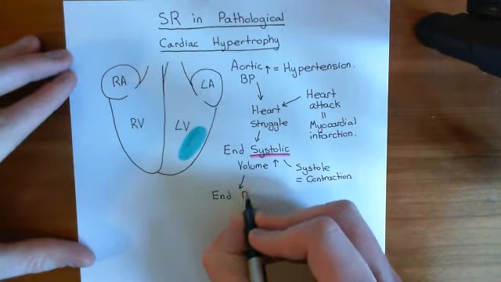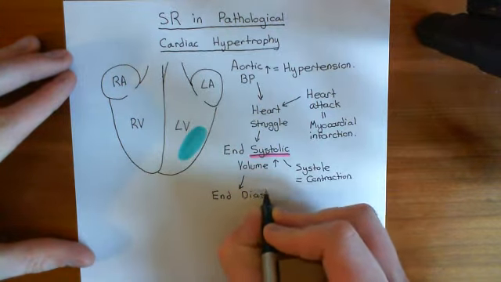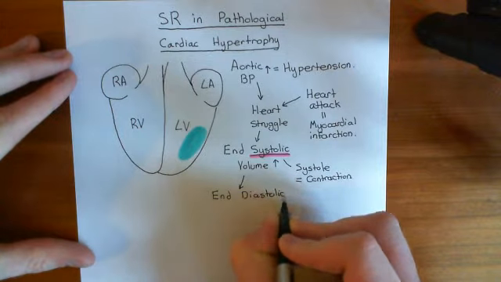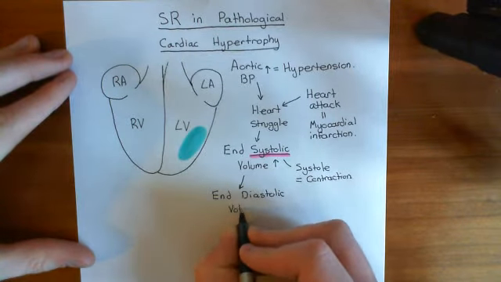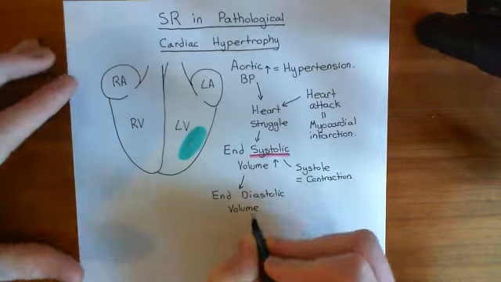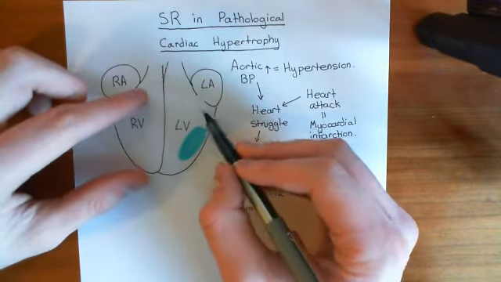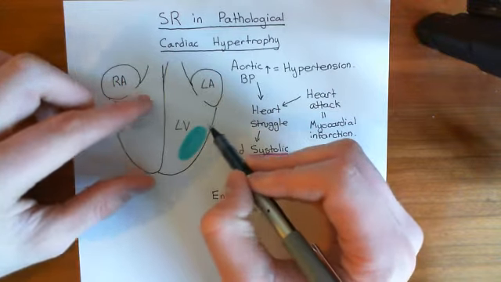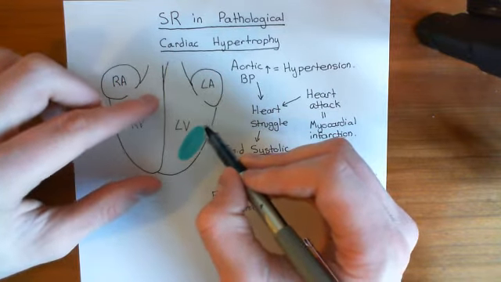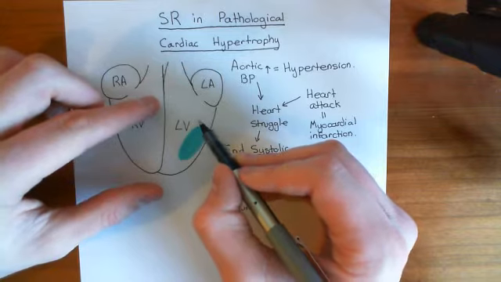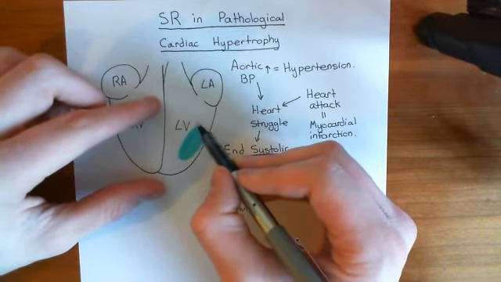So what does this mean? Well, diastole is the fancy word for relaxation of the heart, okay? So the end diastolic volume is the amount of blood that you have in the left ventricle at the end of the relaxation period for the left ventricle. So it's the amount of blood in the left ventricle just before it contracts.